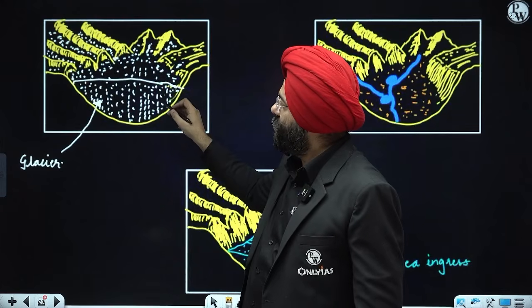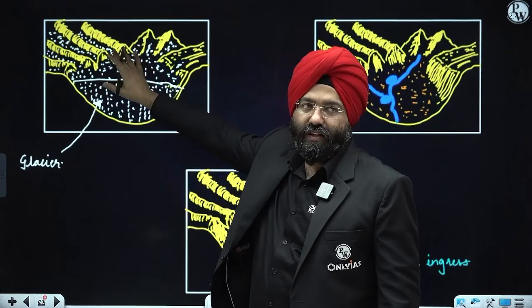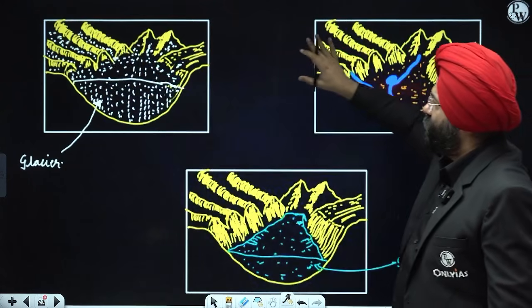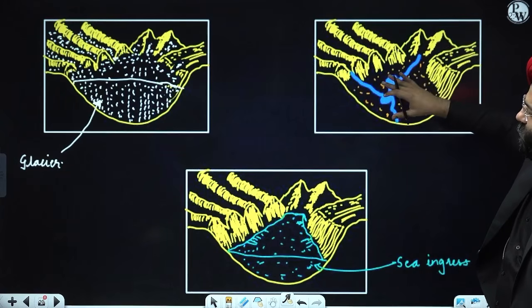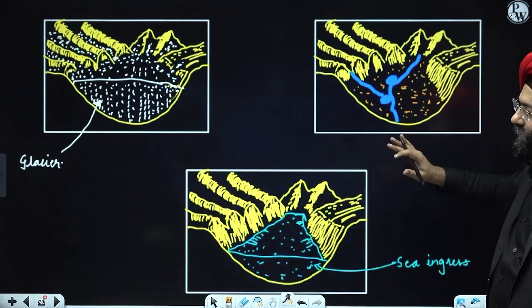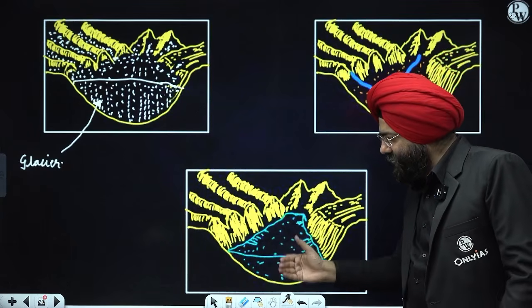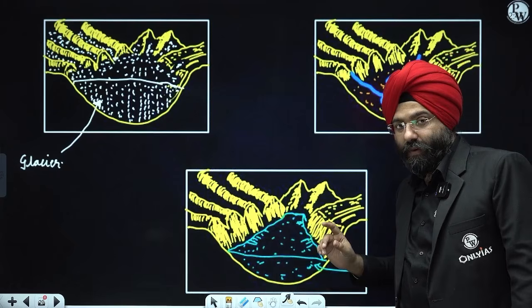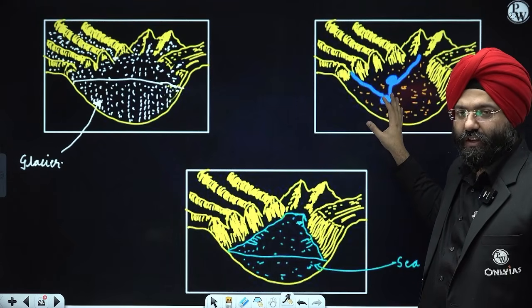Now, see over here very categorically, when the glacier is present, this is possibly the shape that will be visible. Later on, when the glaciers have receded, you will see somewhat of a river might be flowing. Now, what happens is when the U-shaped valley has an ingress of the sea or the ocean, remember, this was a glaciated valley or the troughs that was present.